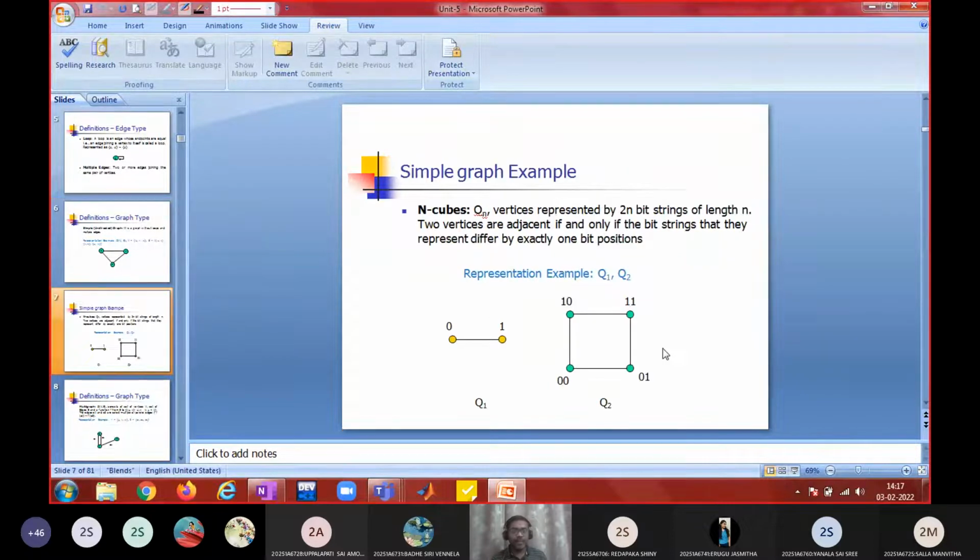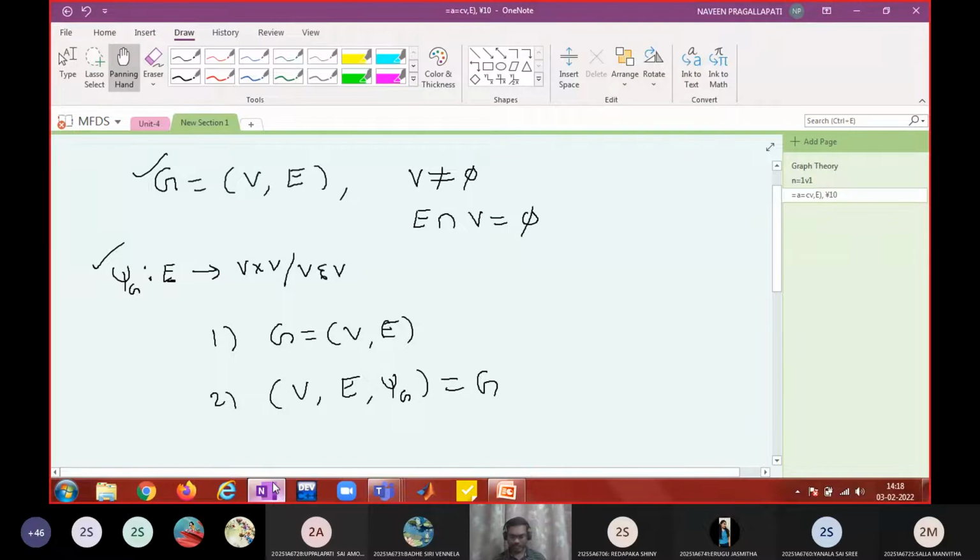Okay, so this is another example of a simple graph, and this is called the n-cube. I think this is a very important graph from the computer science point of view. What are binary strings? 00, 01, 10, 11. How many binary strings containing 0 and 1 of length 2 are there? 4.